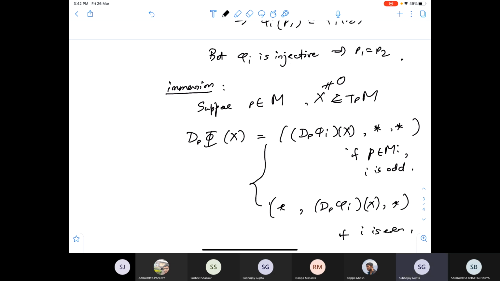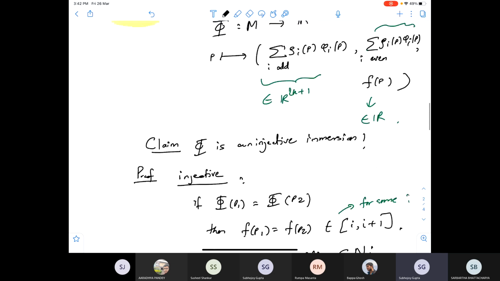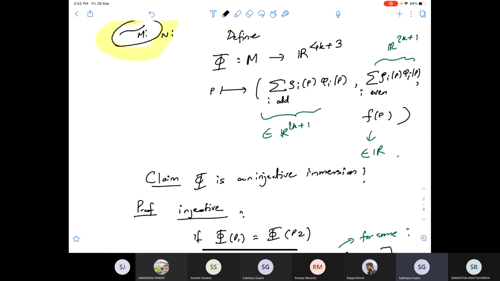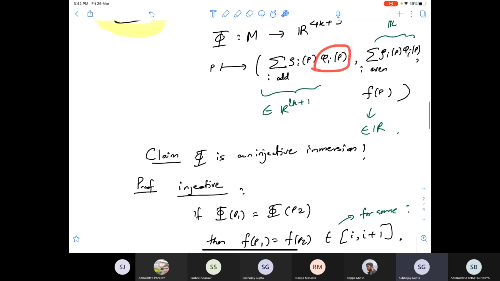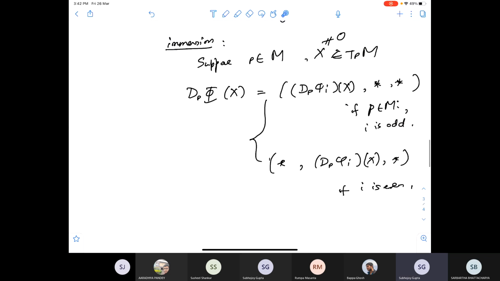So p will belong to some M_I for some I, right? And so in either case, in the sum of odd or even, the only term that really survives is phi I of p. And so the derivative of capital phi here will just involve the derivative of phi I at p, and that guy is non-zero because phi I is an immersion.